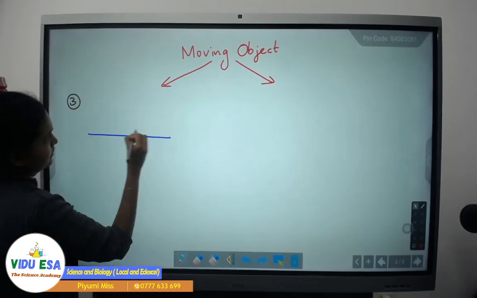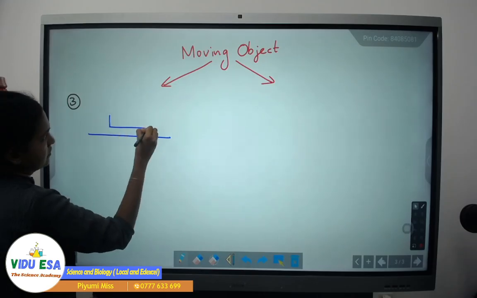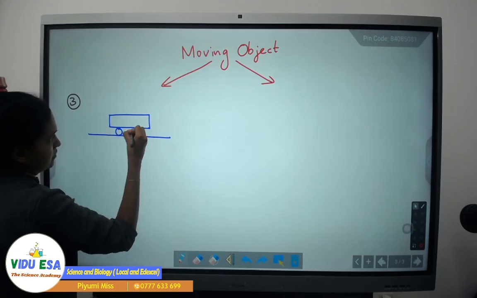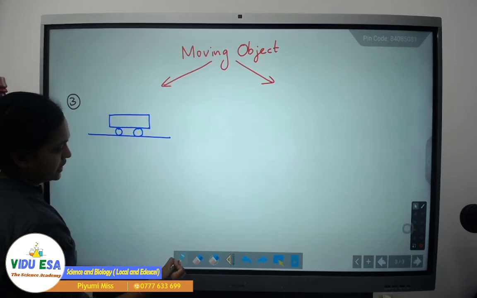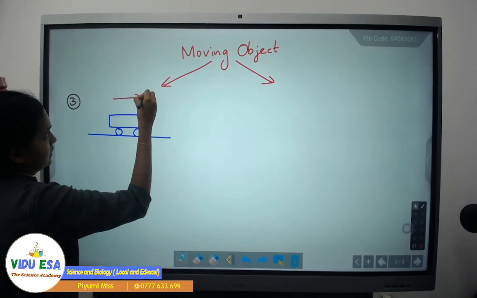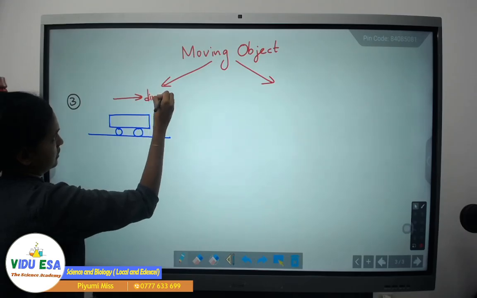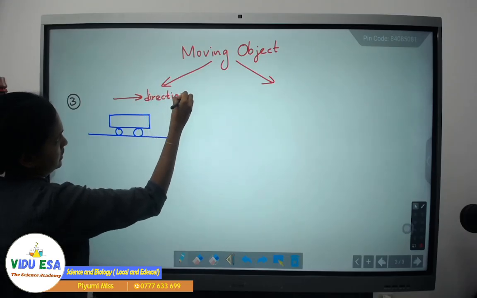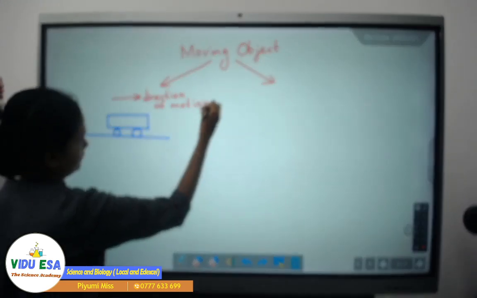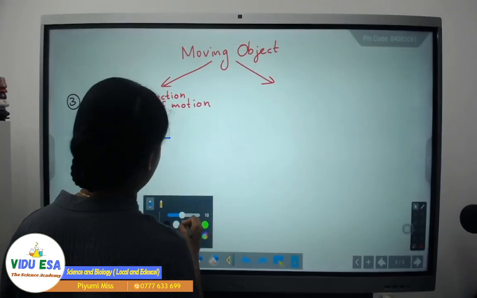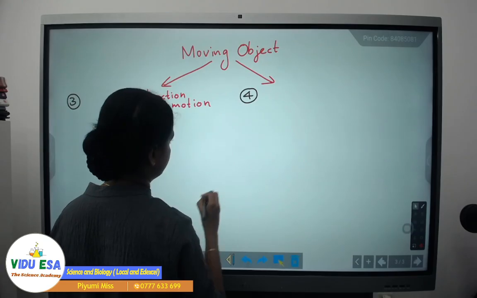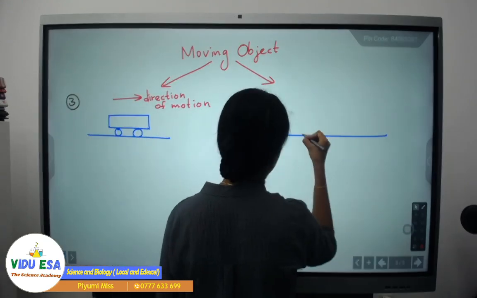So, the object was moving towards this direction. Direction of motion. Direction of motion is this way. In the fourth one, also, the direction of motion is the same direction, say.